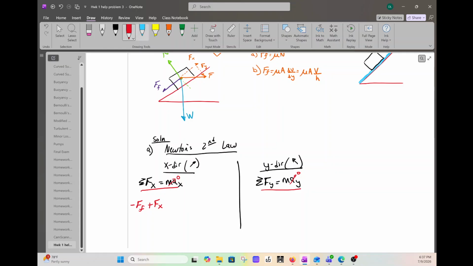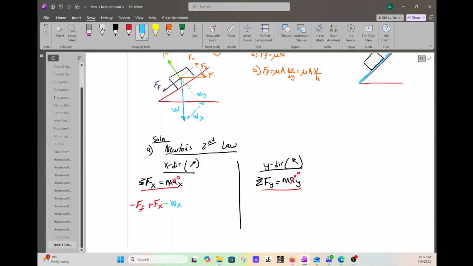and we need to break W into components. So perpendicular down, W_y, and then I'm going to just move this over here. This goes this way. This is W_x. So we have minus W_x.